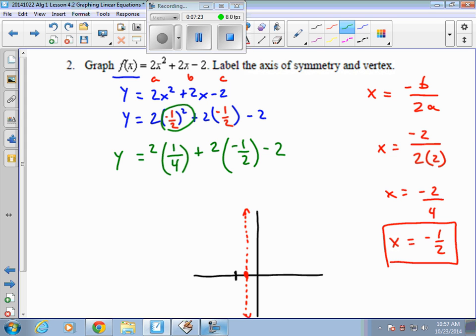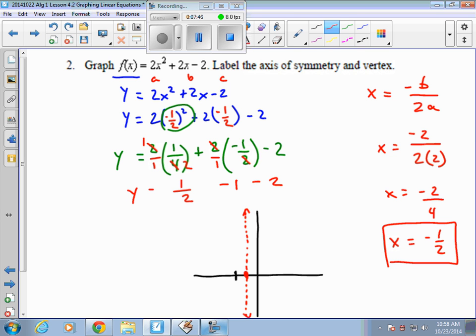Do your multiplication on your next step. Multiply these over 1. This will cancel this one out. So that leaves you with positive 1. Negative 1 divided by positive 1 is going to be negative 1. This will cancel out and give you 1. This will cancel out and give you 2. So you have 1/2 minus 1 minus 2.